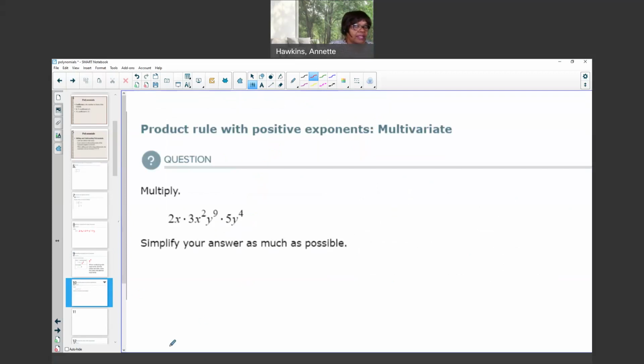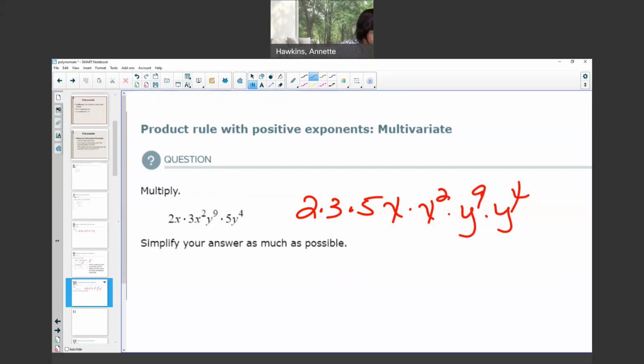All right, let's look at this. This is multiplication. Okay, and so we multiply the numbers. With multiplication, you can rearrange and put the numbers together, put the variables together like this. Let me go through and check it. I got the 2, 3, and 5.